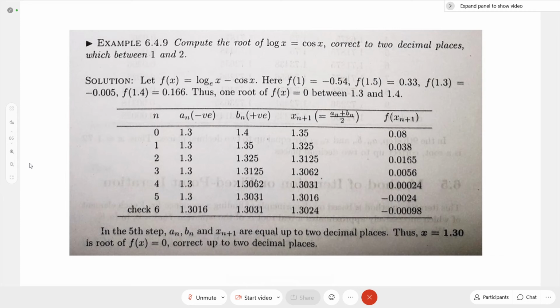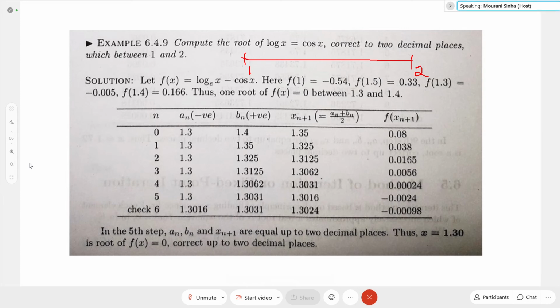Okay, so what we have done, we have gone for the straightforward method that the root lies between 1 and 2. So we took very conveniently the two values 1 and 2. We said this is 1 and this is 2, and the root lies between 1 and 2. So we computed f of 1 and f of 2, and we tried to see where it is negative, where it is positive, and we proceeded.